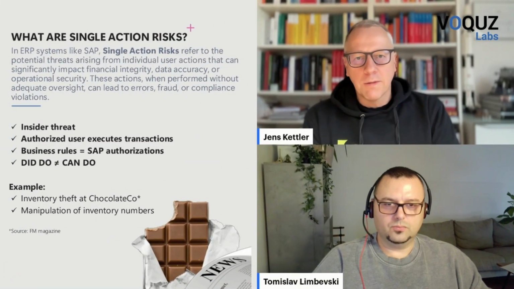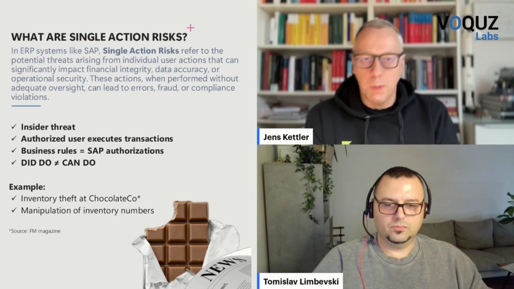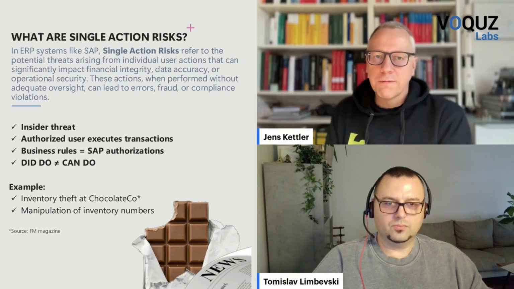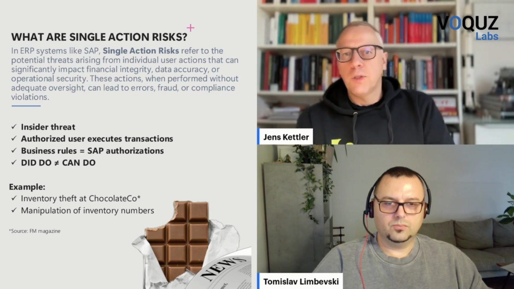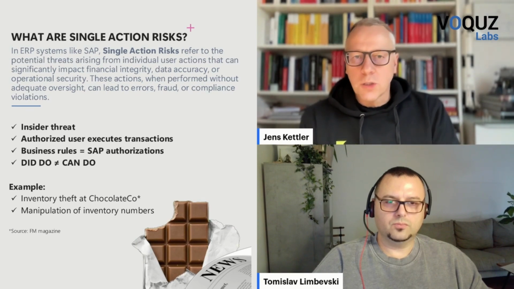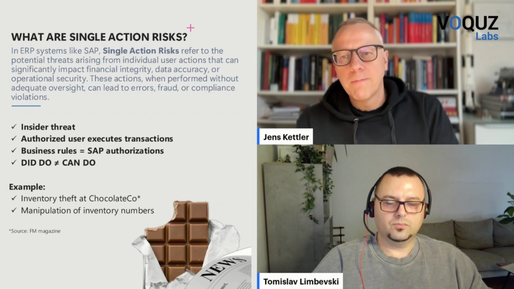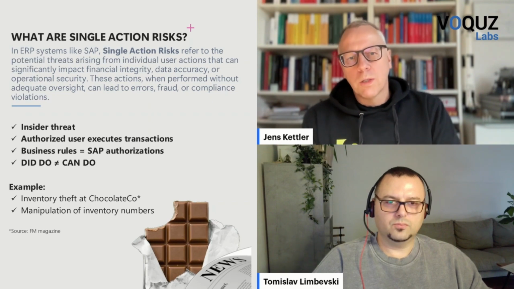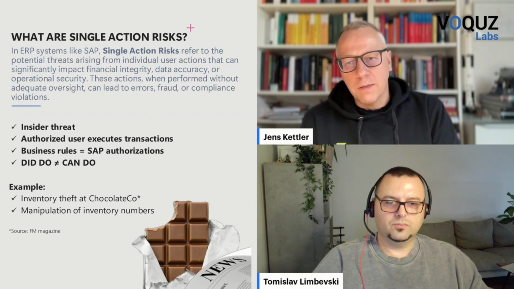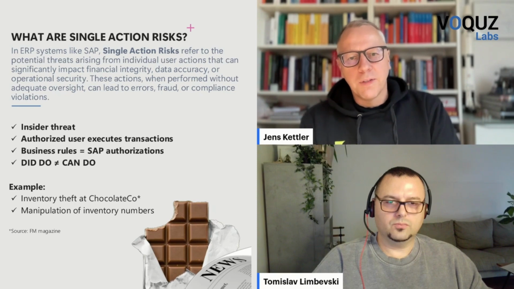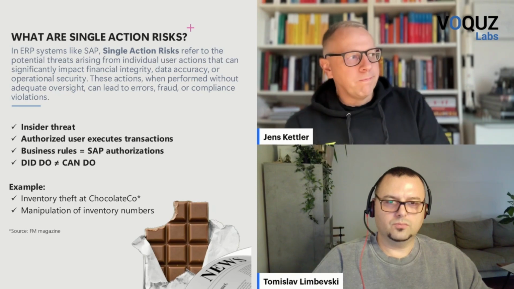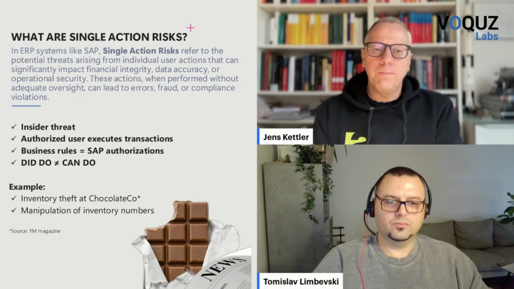There are many examples of single actions that can be risky: changes of prices, changes of amounts that need to be paid, changes of critical fields in, for instance, master data. And there are also preventive controls for that. The example that Tomislav is going to share in a few minutes is related to vendor master data.